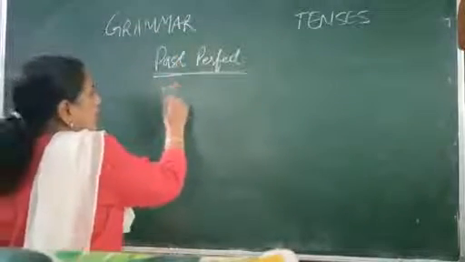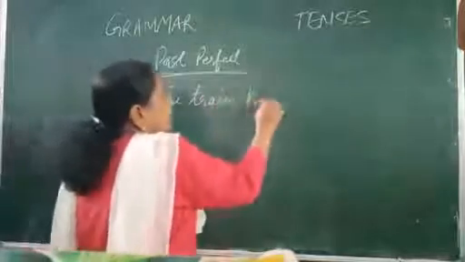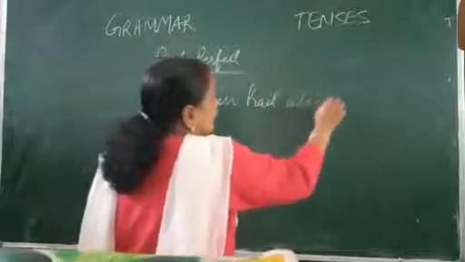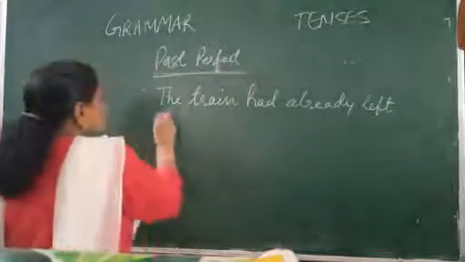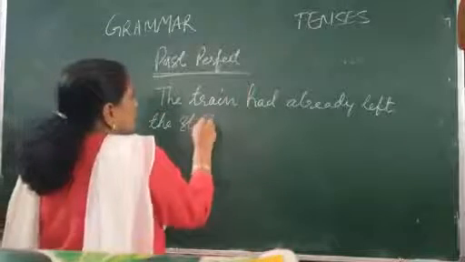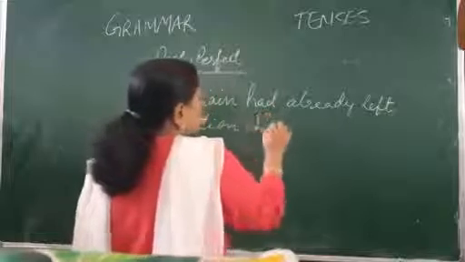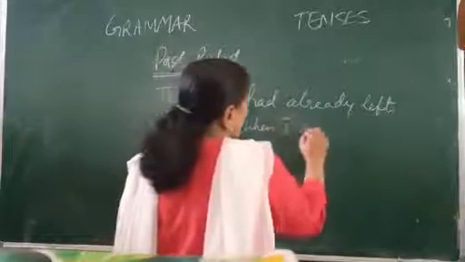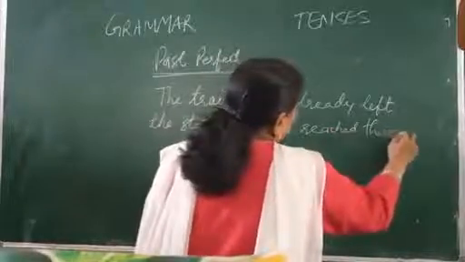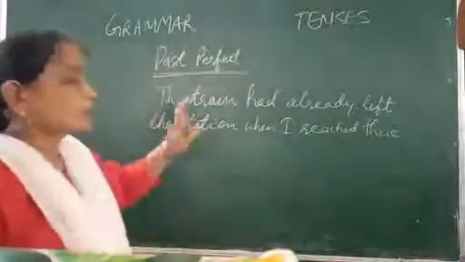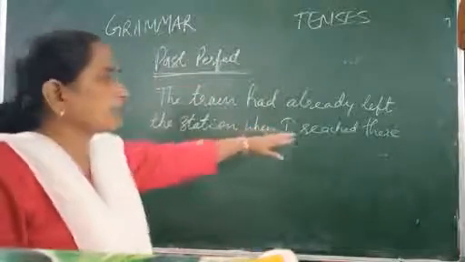Okay? For example, the train had already left the station when I reached there. Okay? Now, two actions means the train left and I reached there.